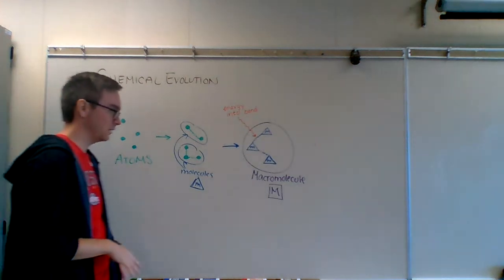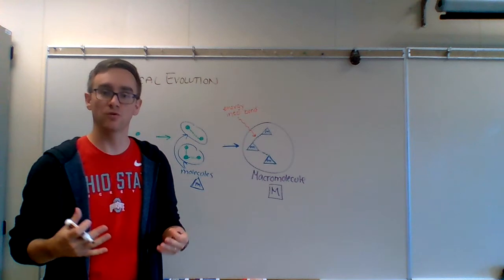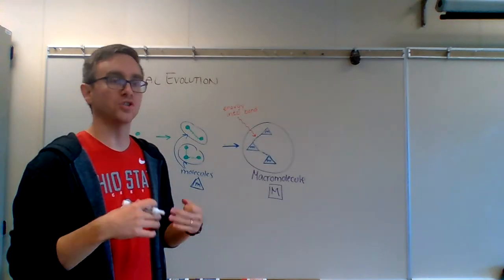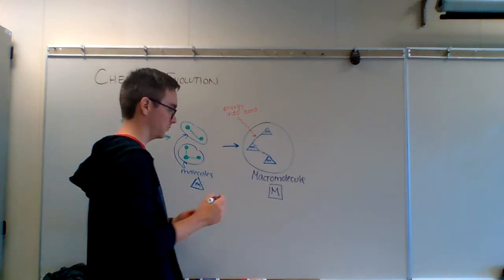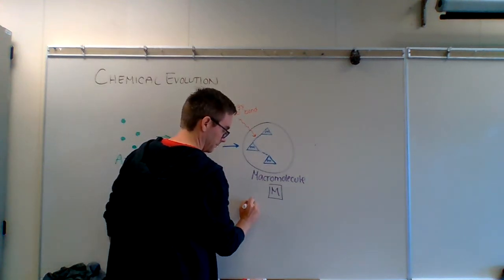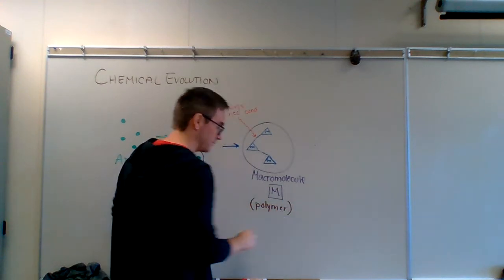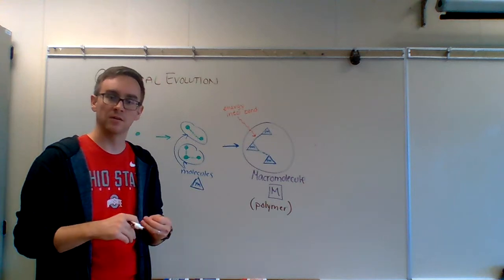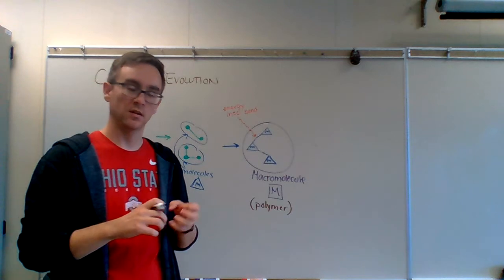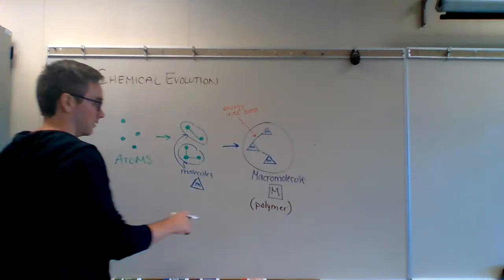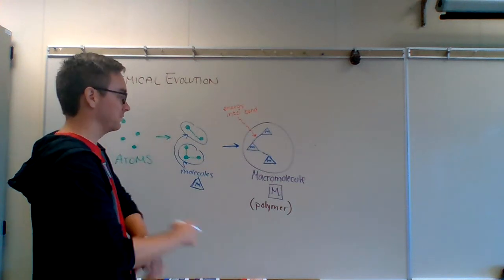Another name for a macromolecule is a large molecule made up of many parts. A more generic chemistry term, even more generic, is a polymer. In chemistry, a polymer is anything made up of other parts, where you combine different things to make something. Poly means multiple, because it's made of many parts.